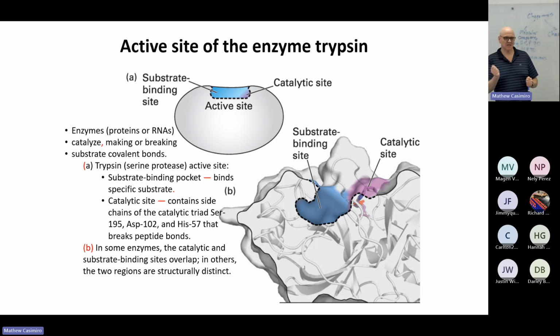The first element is the substrate binding site that specifically recognizes the target. The second component of the active site is the catalytic site, where the chemical reaction that the enzyme is going to accomplish is located, right? And so in the model here, the substrate binding site is distinct from the catalytic site. It's contiguous, it's joined to it, but they serve two different functions.